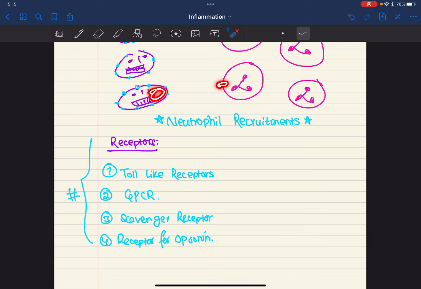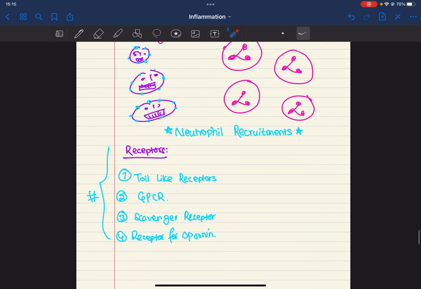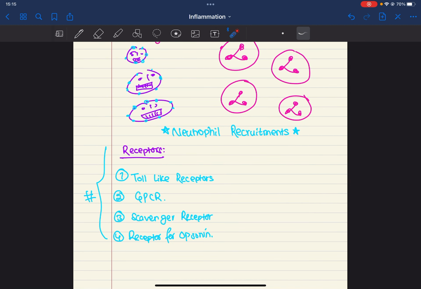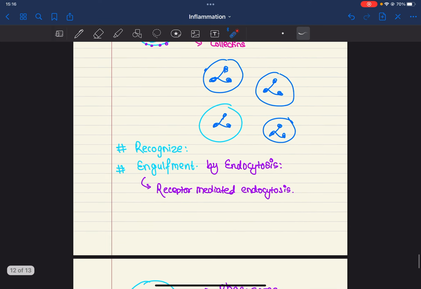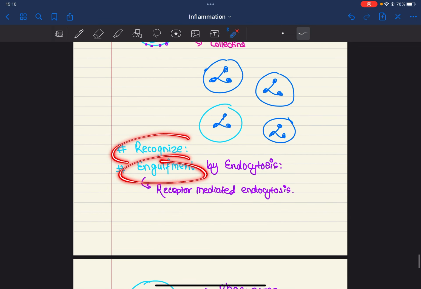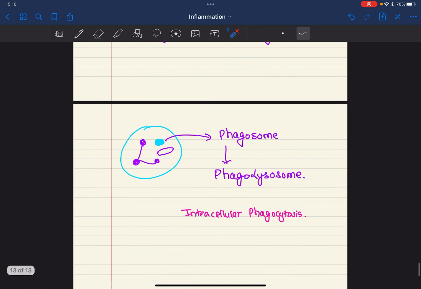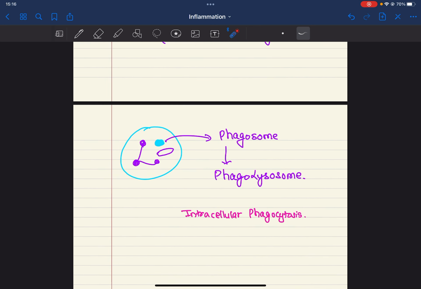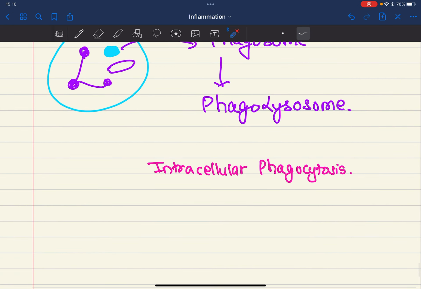Not only recognition, they need to be phagocytosed, that is engulfed. Recognition is already done, now they engulf. Now the bacteria are already inside the leukocytes, inside these neutrophils. Now these neutrophils will kill. That is called intracellular phagocytosis, or intracellular killing also, you can say.